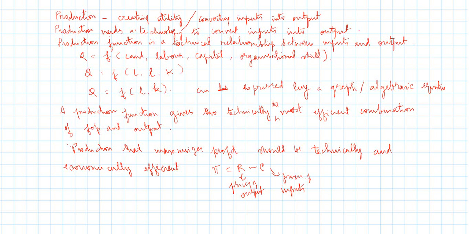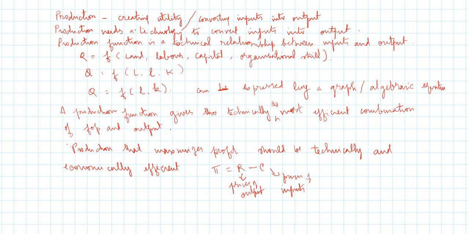Then we can simplify a production function as Q having a technological relationship with labor and capital. Usually this sort of general functional notation, where Q is a function of L and K, can also be expressed in terms of a graph, or in terms of an algebraic equation, which we will see shortly. So in short, a production function gives the technically most efficient combination of factors of production and output.